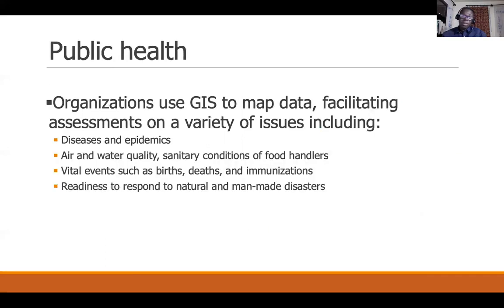And in public health, we have several organizations that use GIS to map data. We facilitate assessments on a variety of issues, including diseases and epidemics, air and water quality, sanitary conditions of food handlers, vital events such as birth, death, and immunizations, readiness to respond to natural disasters and man-made disasters.